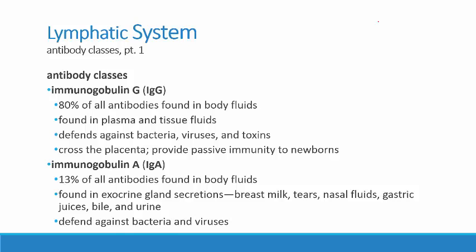Remember, exocrine glands are the glands that have ducts that lead directly to an apical surface, and so breast milk is an exocrine secretion. Tears, nasal fluids, gastric juices, bile, and urine are all places where we would find IgA antibodies. They are primarily defending against bacteria and viruses.